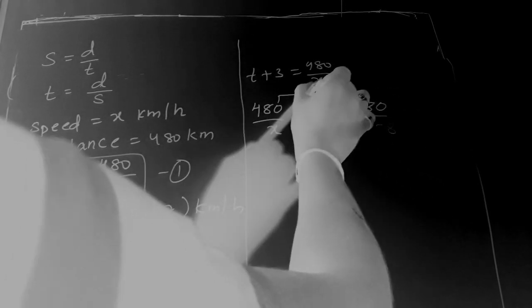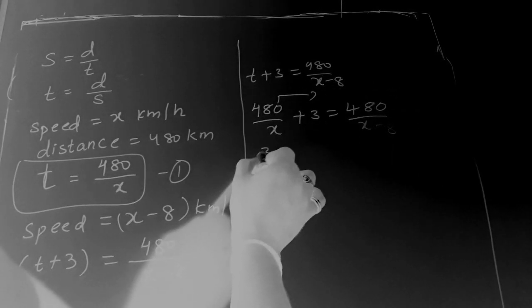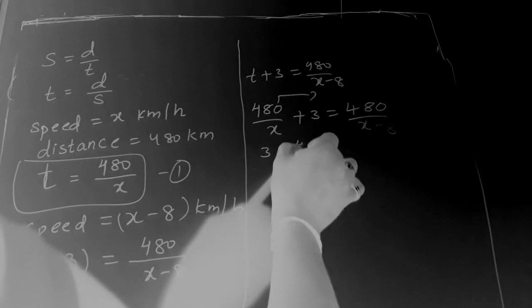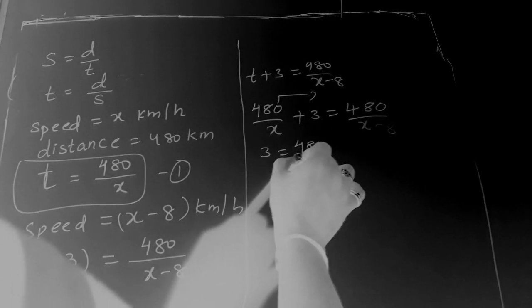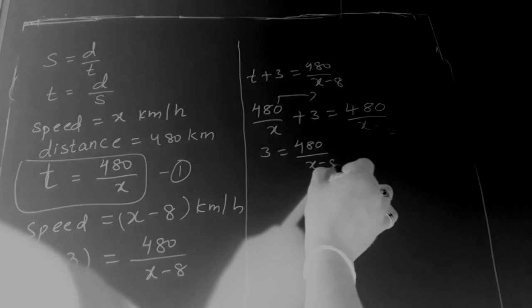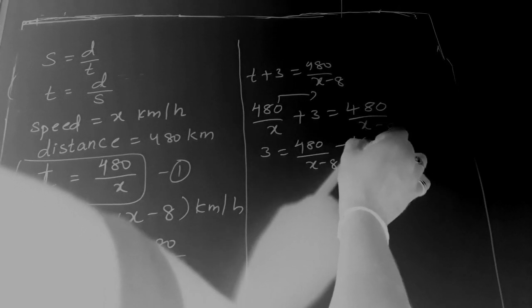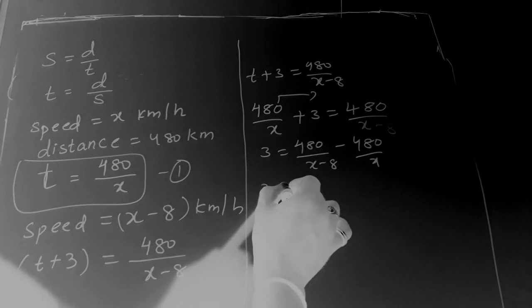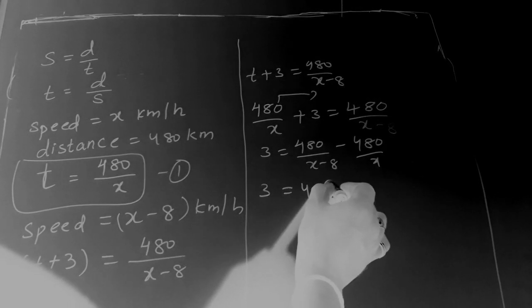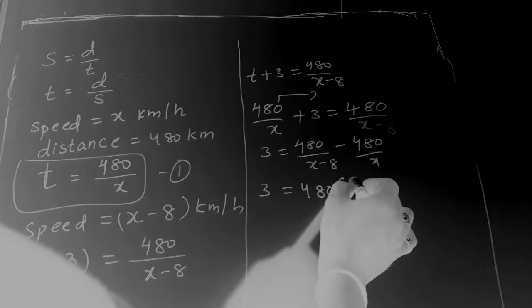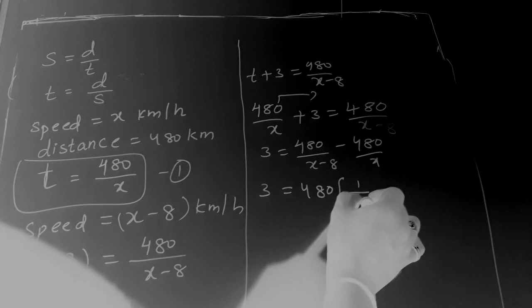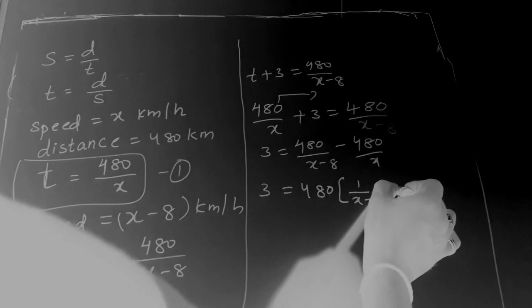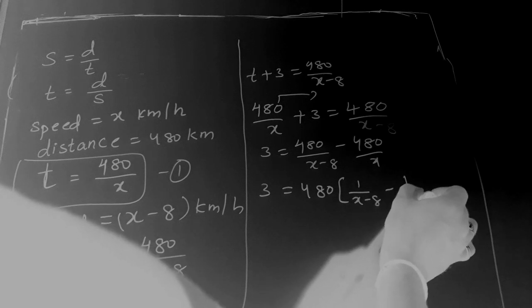Now you send this one to right side, so that is 3 is equal to 480 by x minus 8 minus 480 by x. So in these two you take 480 common, remaining is 1 by x minus 8 minus 1 by x.